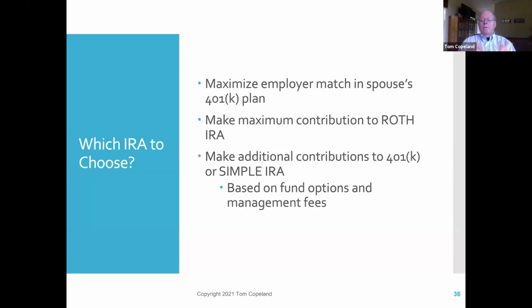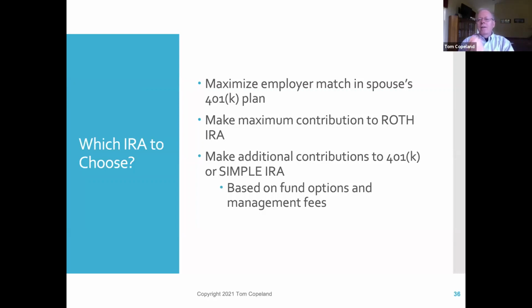Now, what else? If you're married, your spouse may have a retirement plan through their work, a 401k plan, a 403b plan. In my opinion, your first financial decision should be to make the maximum contribution to the employer's 401k plan if the employer is making a match, a 1%, a 2% match.